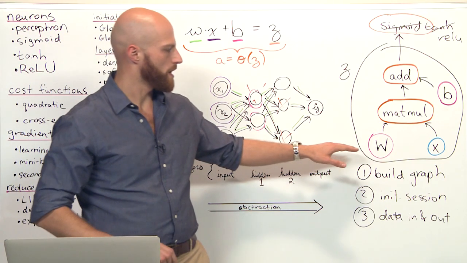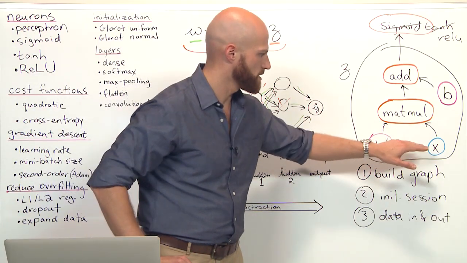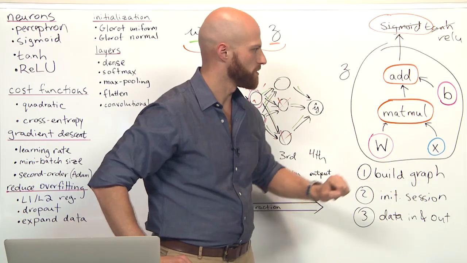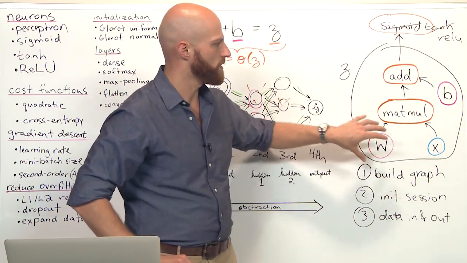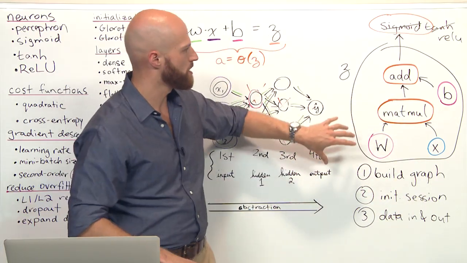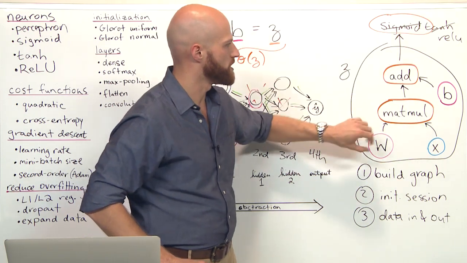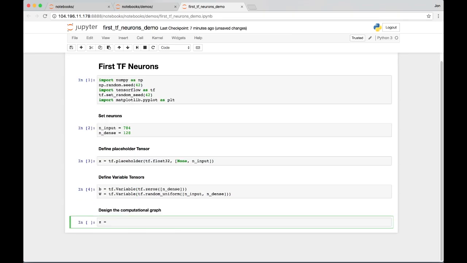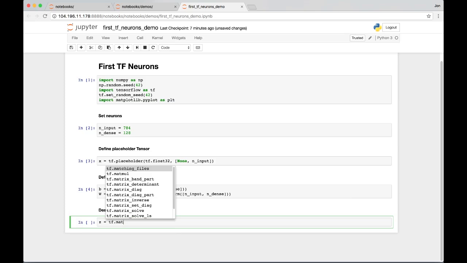Now that we've defined our tensors, our variables W and B, as well as our placeholder X, we can start to define the computational graph. So we're going to start by defining Z here. So Z, as we can see in the diagram, is the result of matrix multiplication first.